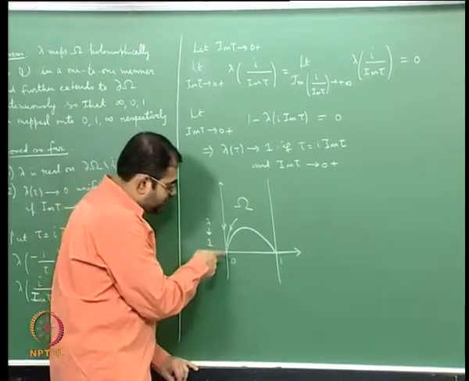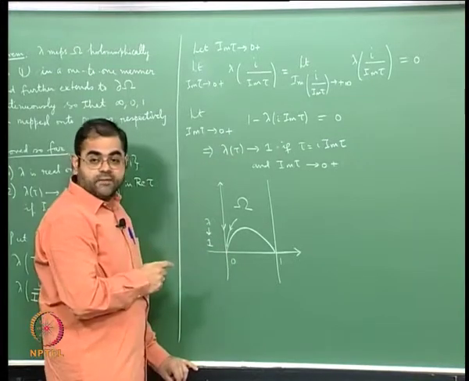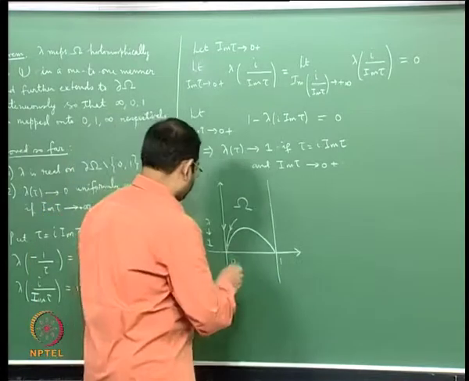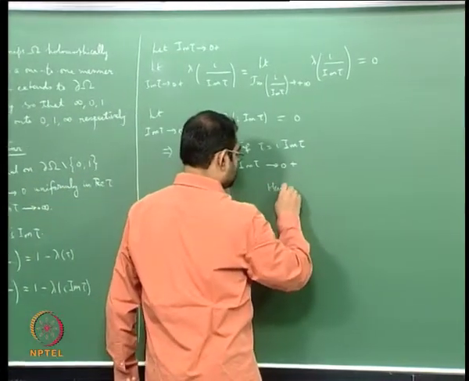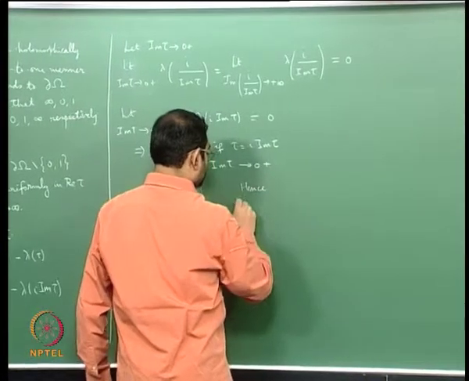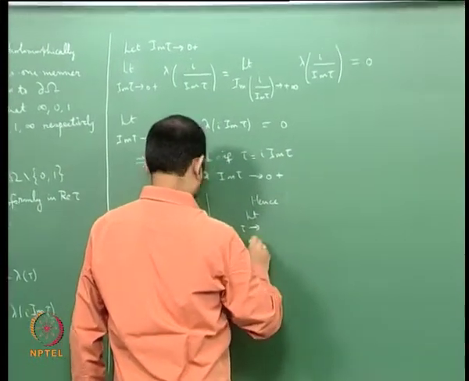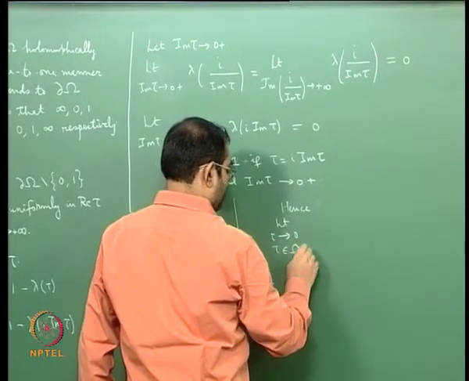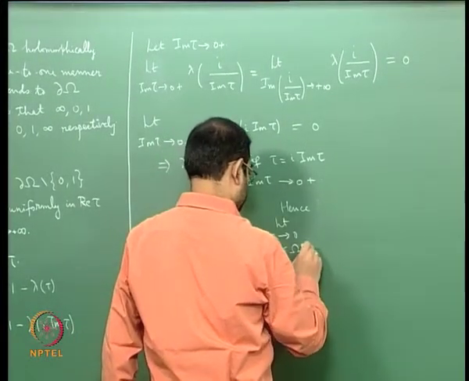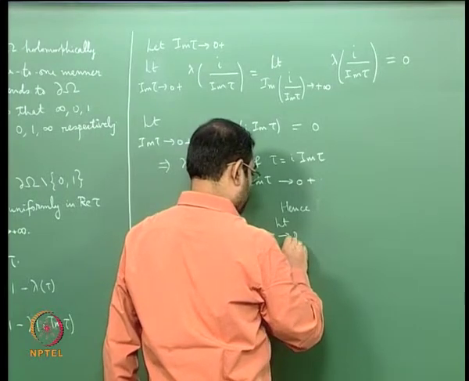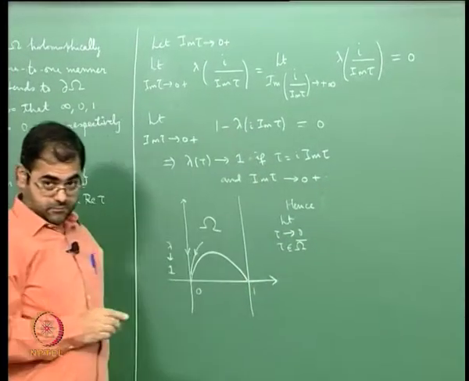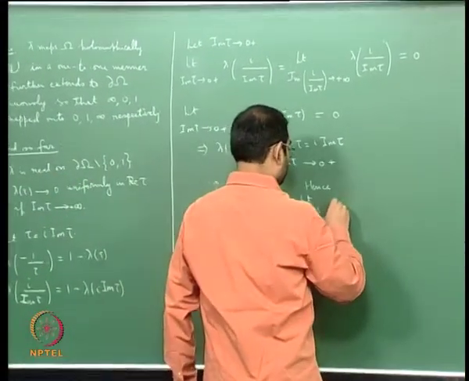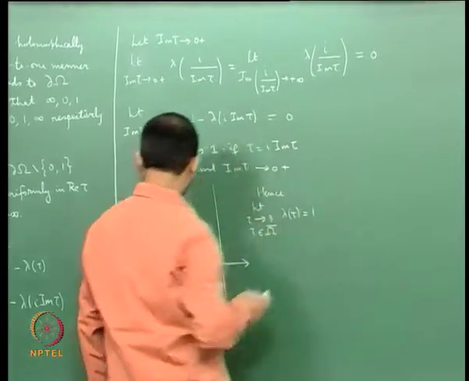So this tells you that at 0 there is a well defined limit for lambda and that is 1. Okay, so hence the limit as tau tends to 0, tau in omega, so let me put tau in omega closure, okay, so I will include the boundary also, of lambda of tau is actually 1.